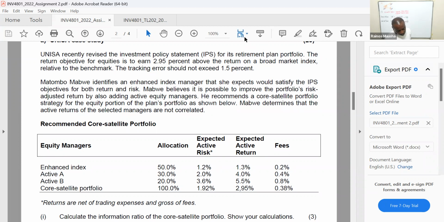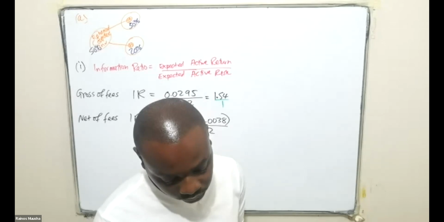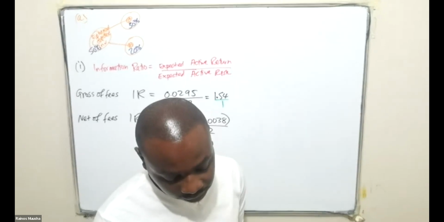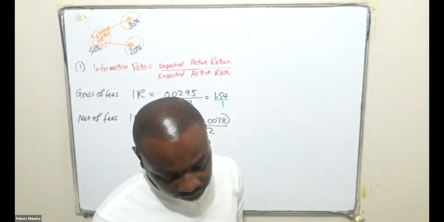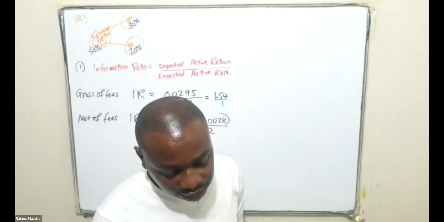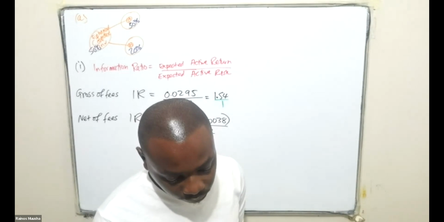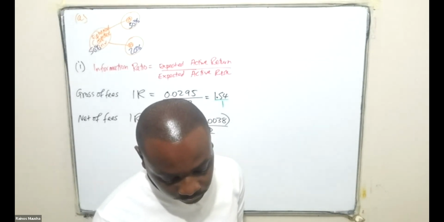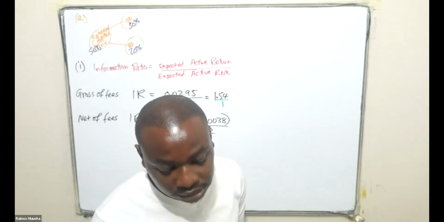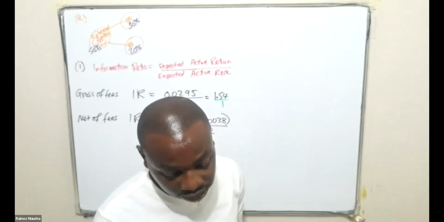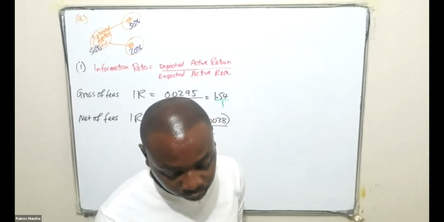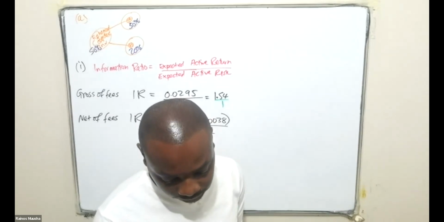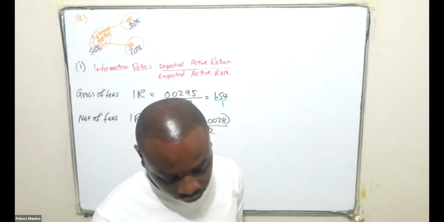If you check on the information that we're given, what do we see? Is this portfolio appropriate given those minimum requirements that are put forth for our portfolio in this case? So what do we see?